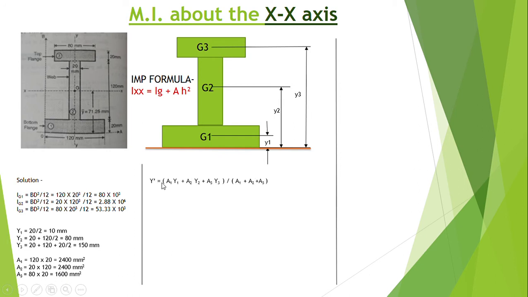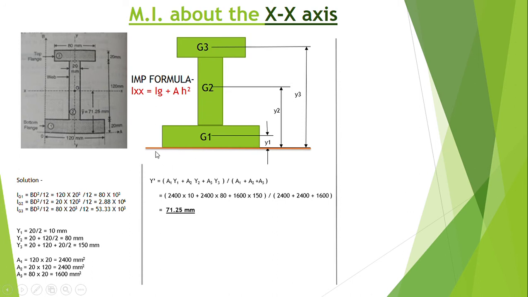For Y bar, the mean position of CG of this section, the formula will be A1 Y1 plus A2 Y2 plus A3 Y3 divided by the sum of all areas, that is A1 plus A2 plus A3. By putting these values and calculating, we get y bar equal to 71.25 from the base, meaning from here.